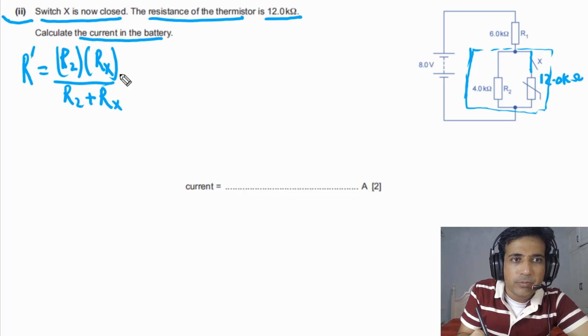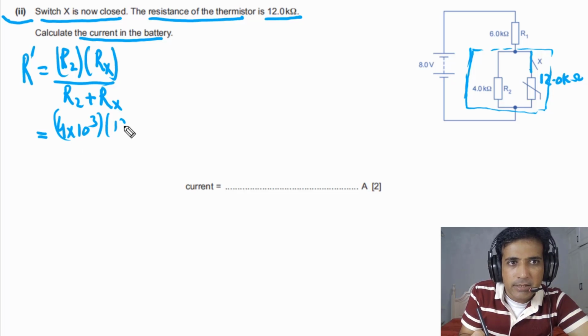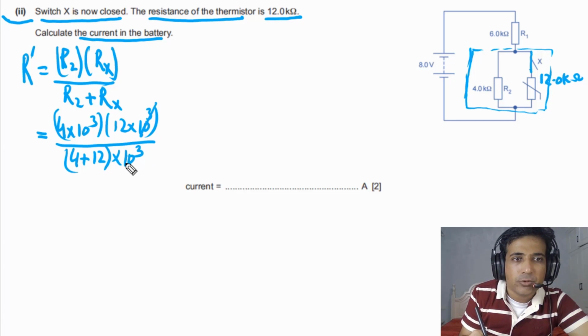Now we can plug in values. R2 is 4 kilo ohms and Rx is 12 kilo ohms. We divide by the sum of these two, so we have 4 plus 12 times 10 to 3, and the 10 to 3 we can cancel.